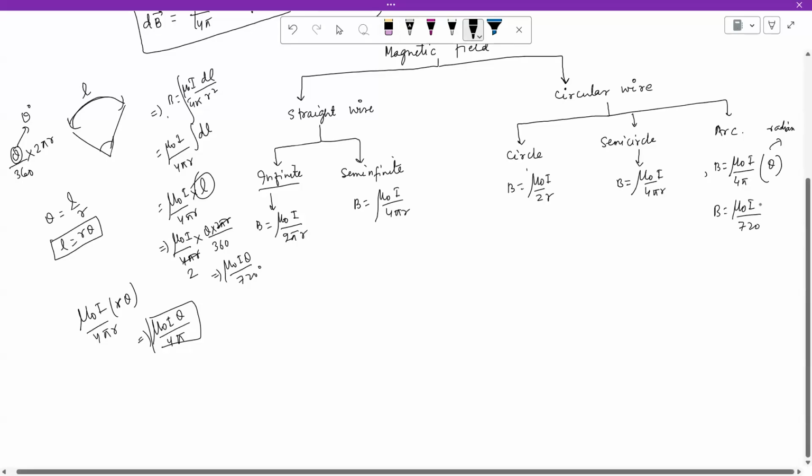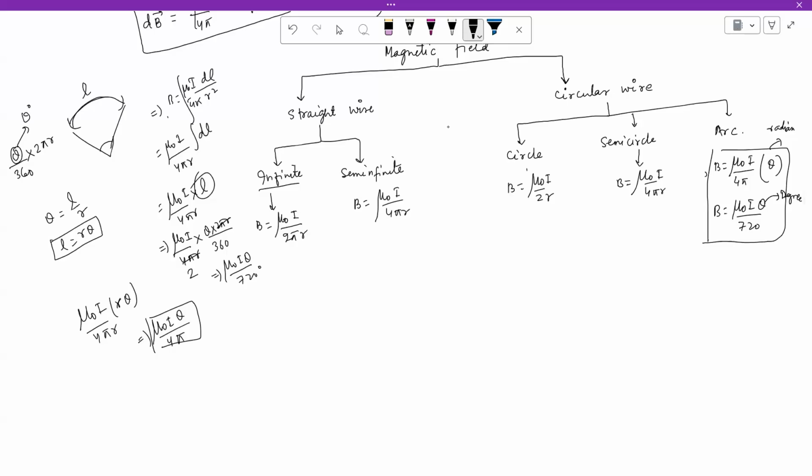So these are the things that you have to remember. Here theta is in degrees. These are the things that we have to solve.